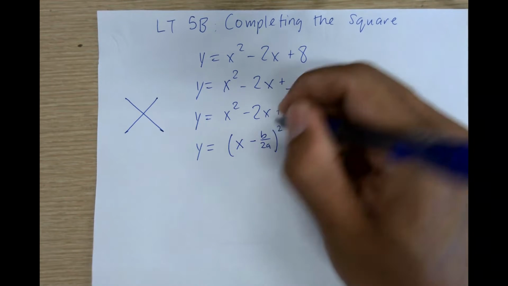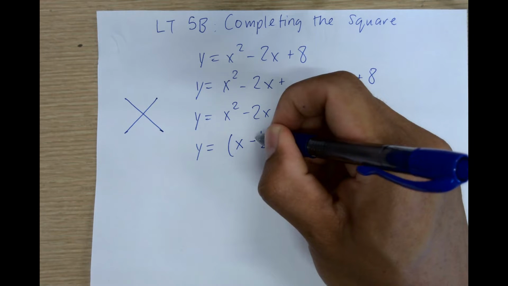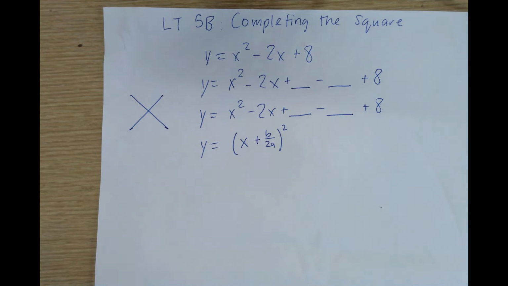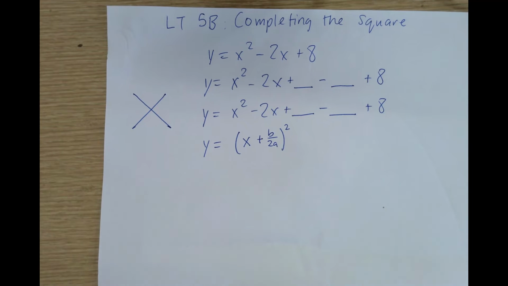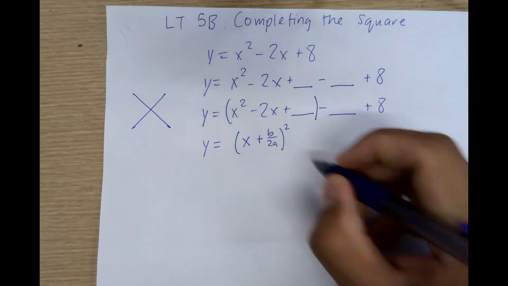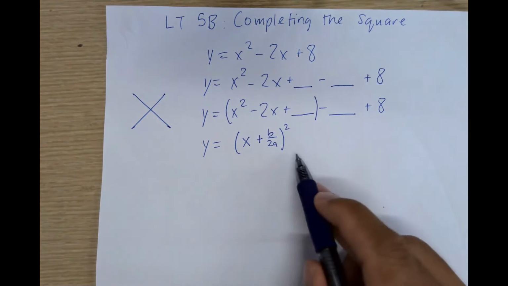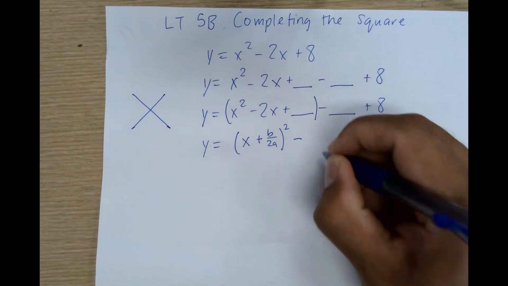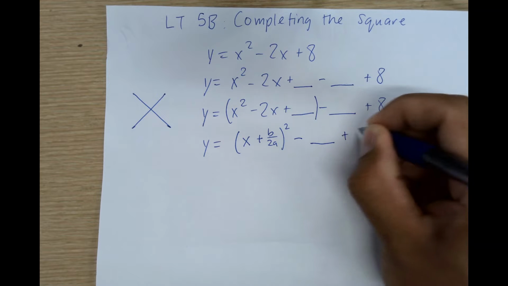Or it's actually plus, x plus b over 2a squared in this case. So this section right here becomes x plus b over 2a squared minus that number plus 8.